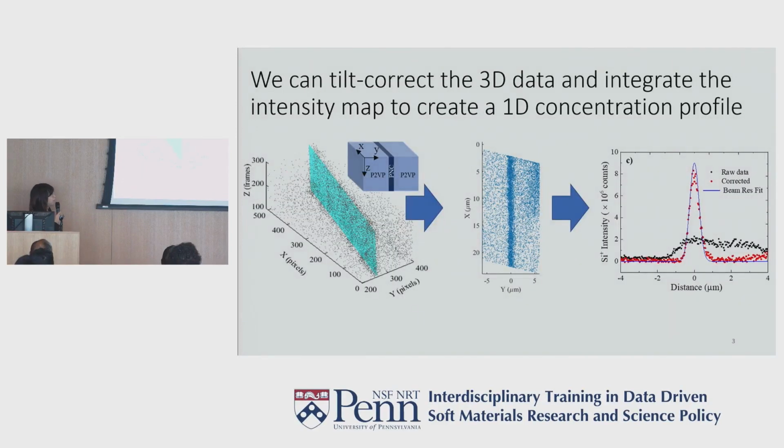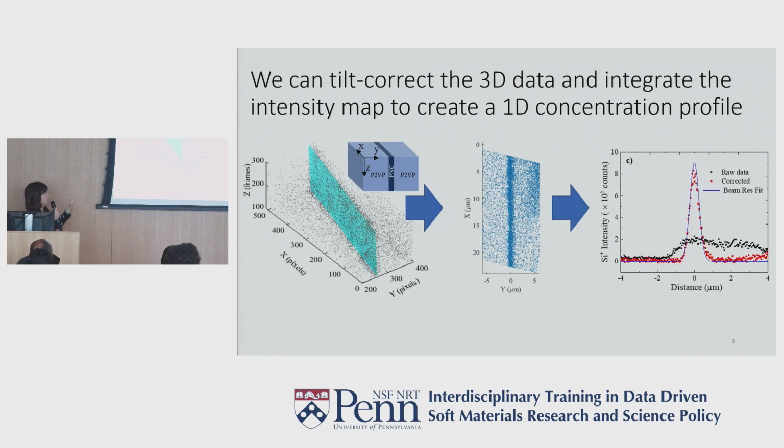So this is what my data process flow looks like. We can tilt correct 3D data. So this is what my silica trilayer looks like. What I do is after I perform TOF-SIMS on it, this is what the raw data looks like. I tilt correct it and I integrate it to get a concentration profile of my nanoparticles. And the data is extremely powerful because in 3D, you can take advantage of the 3D nature of this by getting rid of a lot of the data artifacts.